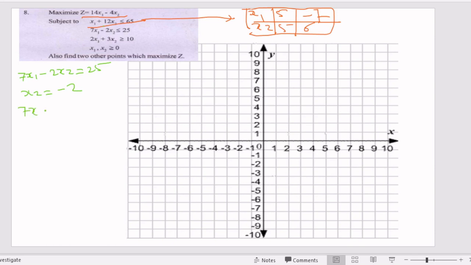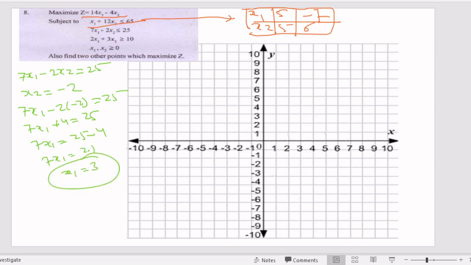So 7x1 - 2 into -2 gives plus 4 = 25, so 7x1 = 25 - 4, that is 21, x1 = 3. So in the table, when x1 is 3, x2 is -2. This is for this equation.